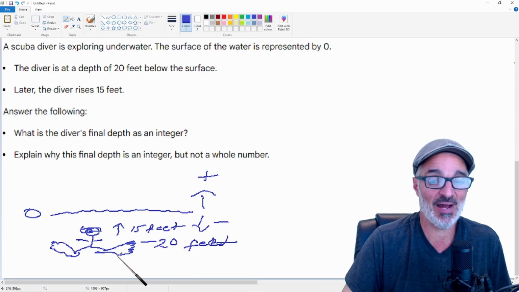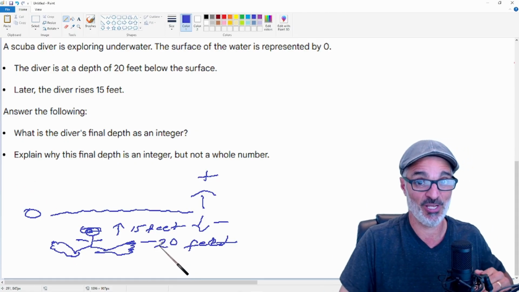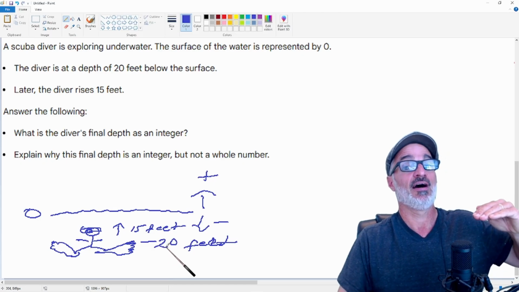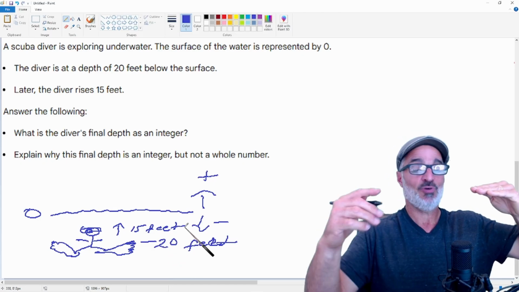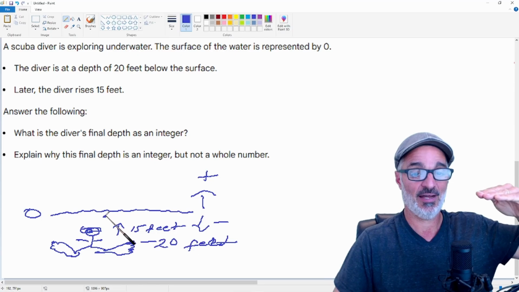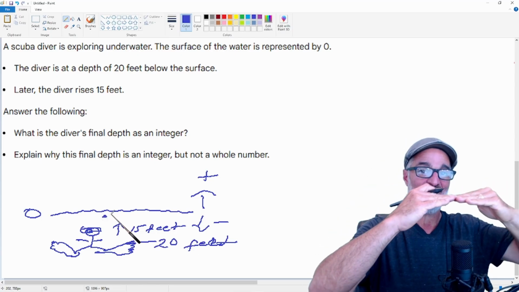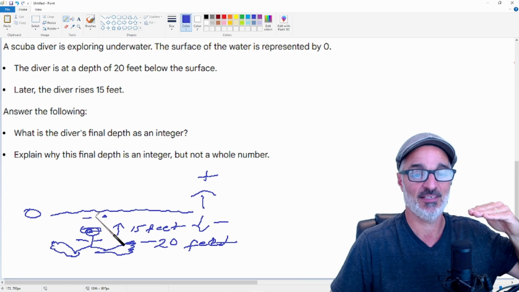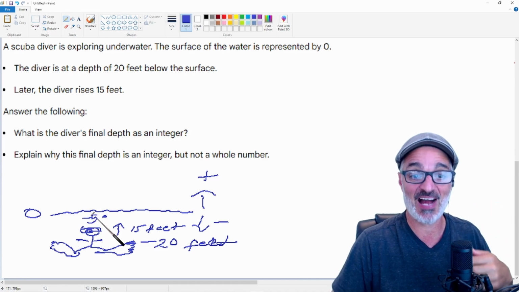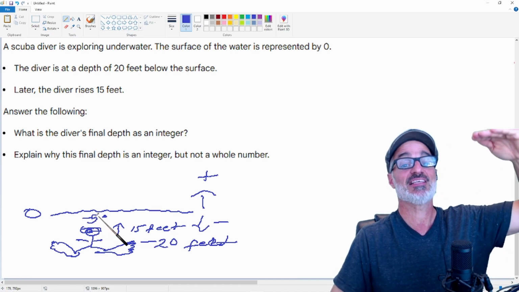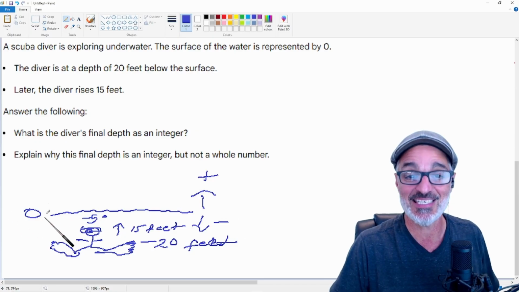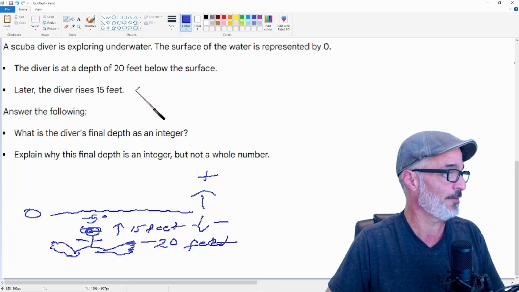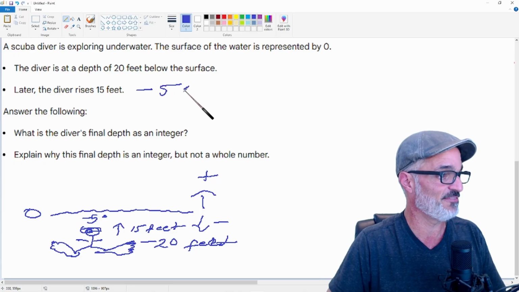He was at minus 20, but he went up 5, 10, 15 feet. So if he's here now, where is he? He is at minus 5 feet, because he needs to rise 5 more feet to get to 0.